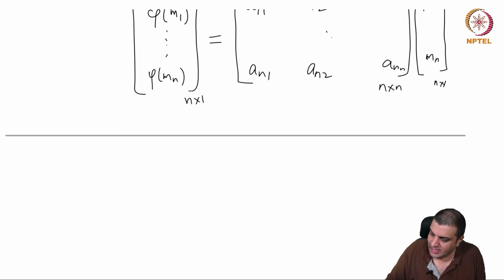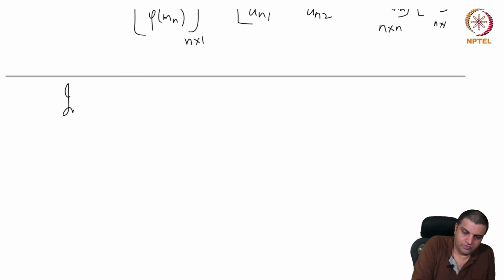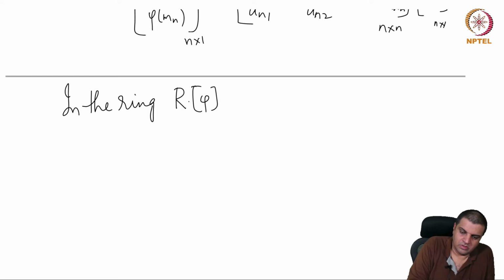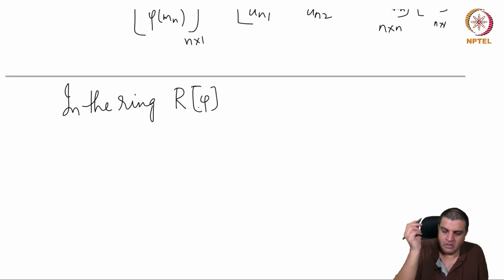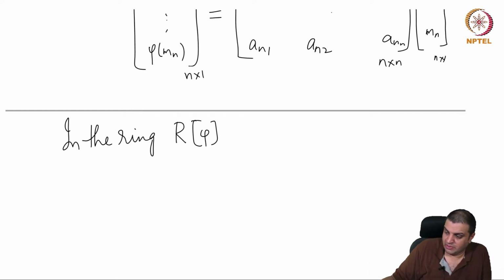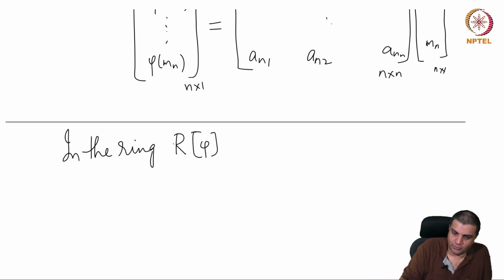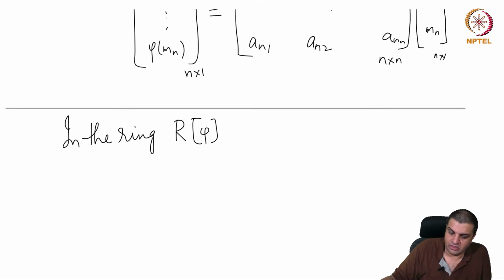In that ring, which is a commutative ring because every element of R commutes with phi, that's the R-linearity of phi, and multiples of phi commute with each other because it's the same map.